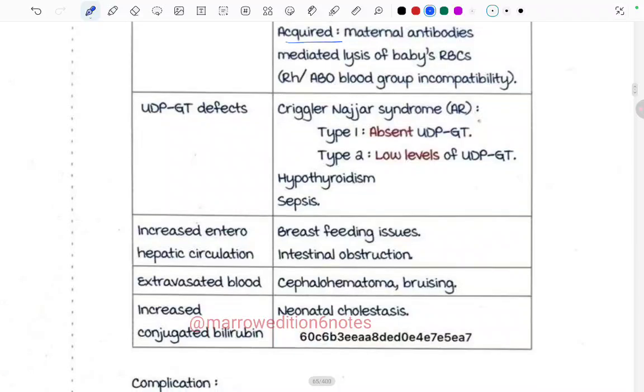Second one is UDP-GT defects. There is a defect in the UDP-GT enzyme.